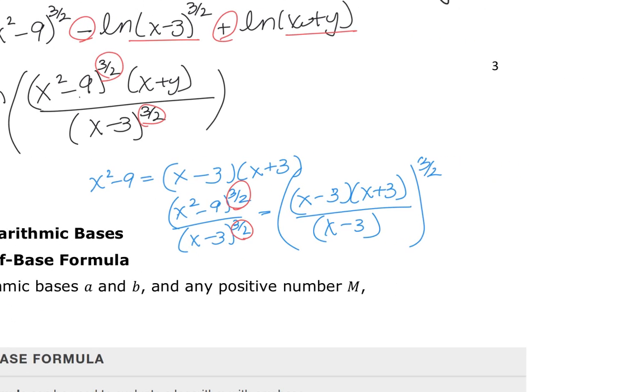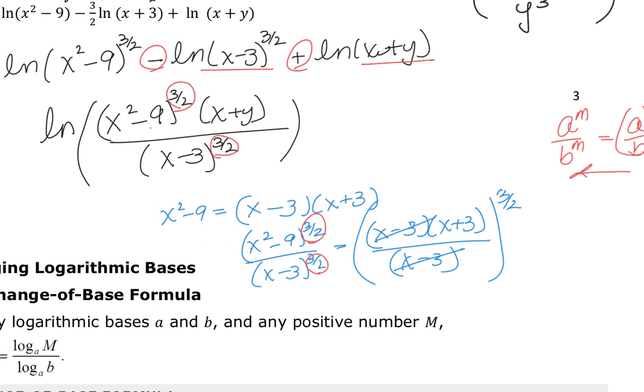And the rule that I'm using is if I have a to the m, b to the m, I can write this as a over b raised to the m, or I can go this way. So then what happens here is my x minus 3's cancel. And so in simplified form, this is the natural log of x plus y multiplied by the x plus 3, that is what did not cancel with a simplification, raised to the 3/2, and that is that answer.